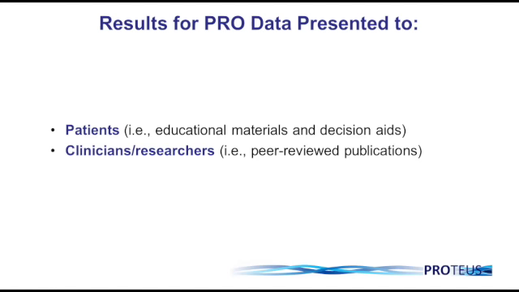For each topic, we provide a general summary of the recommendation, followed by an illustrative example for a patient audience and an illustrative example for a clinician audience. A more detailed description of the recommendations is available in the presentation, Displaying PRO Results Graphically: Applying the Recommendations, for those who are interested.